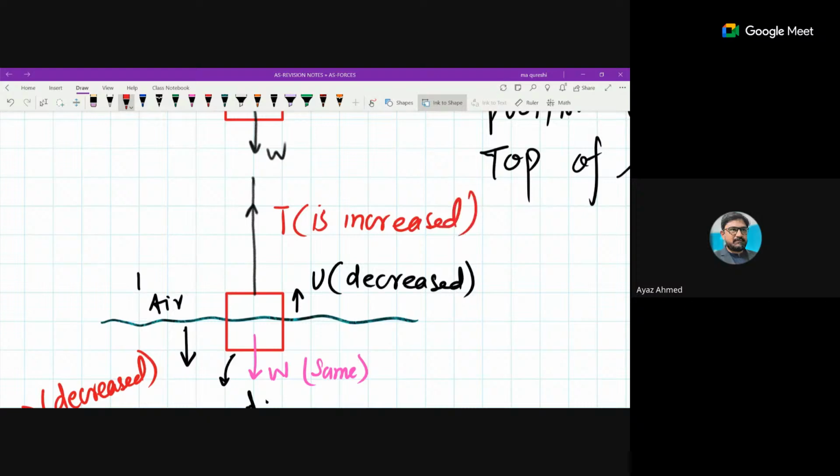Tension is increased because upthrust is decreased. This is a very interesting thing, because upthrust decreased. Is this point clear to you?